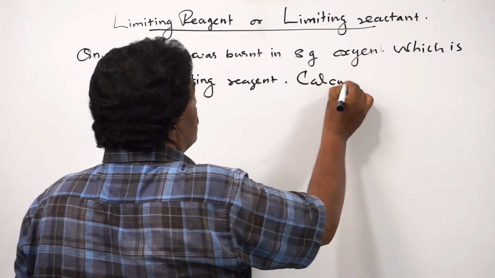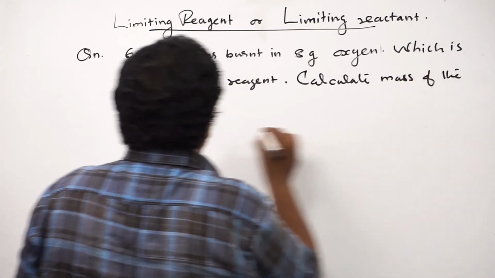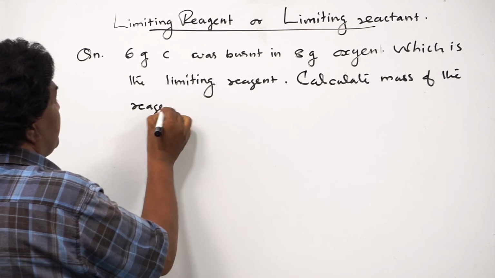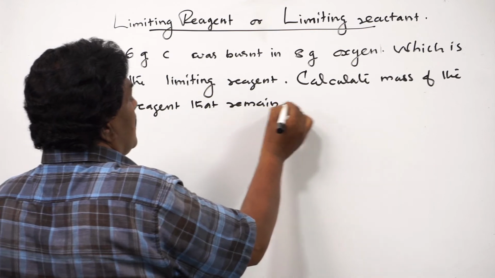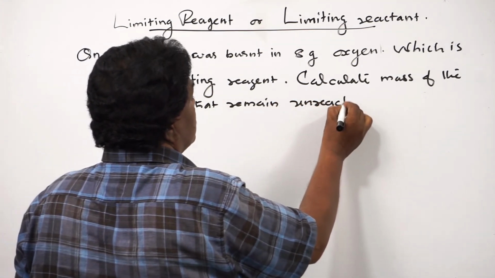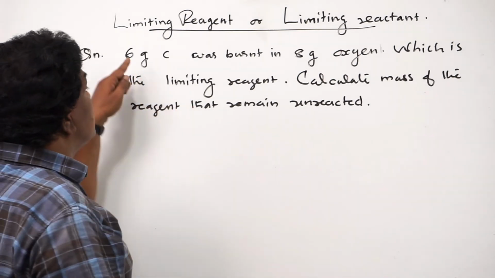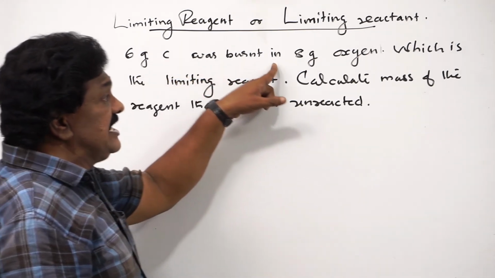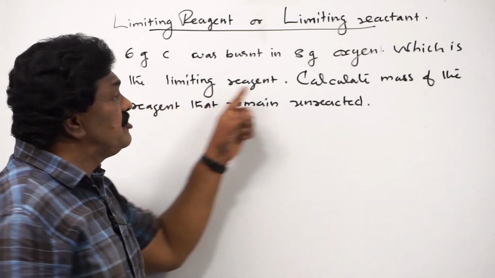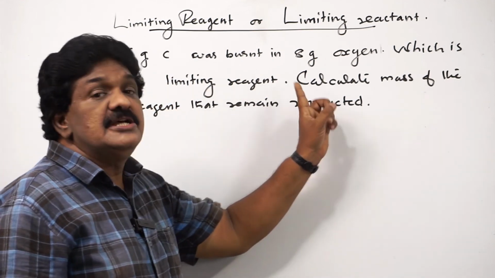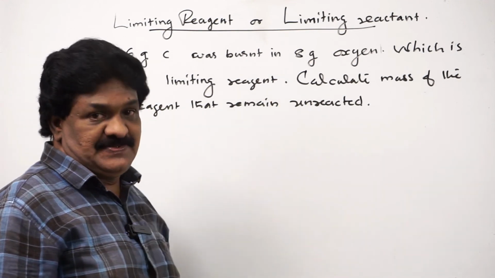Calculate the mass of the reagent that remains unreacted. I'm going to repeat the question. 6 gram carbon was burnt in 8 gram oxygen, which is the limiting reagent. Calculate the mass of reagent that remains unreacted.